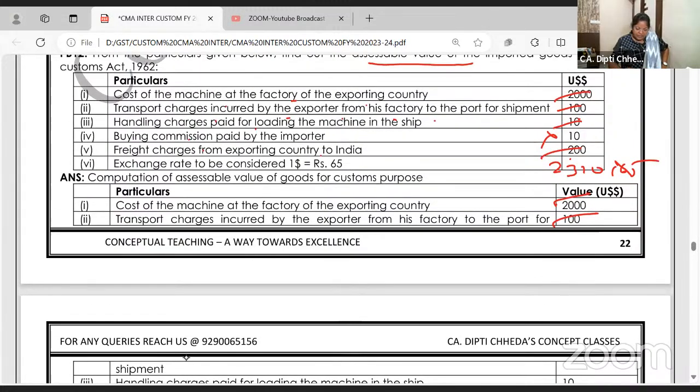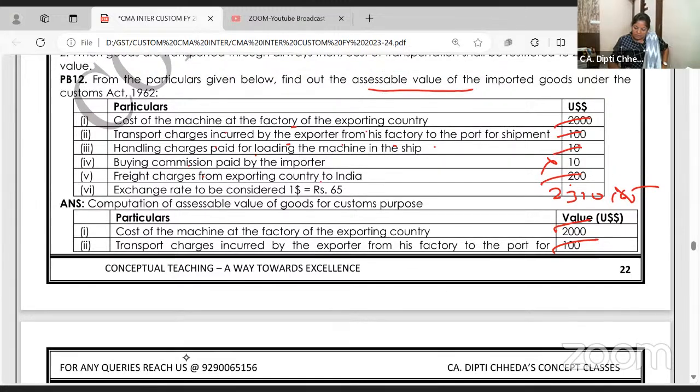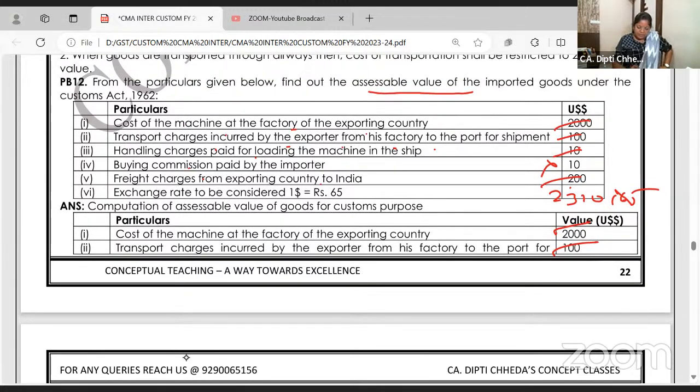Freight charges they have given? Oh, they didn't give the freight also. This was the transport from the factory to the port.